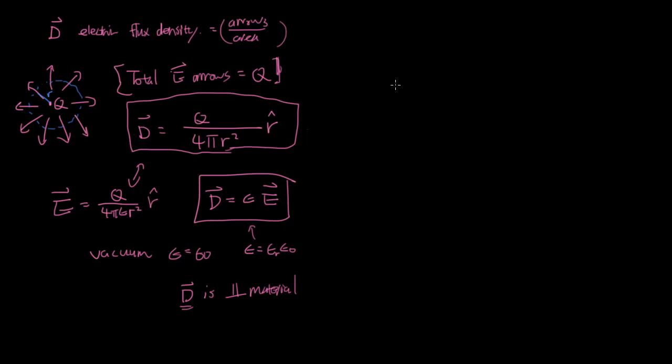Another concept that I'd like to get across is, let's go back to the fact that the force that you feel when you're given an E field is the E field times the charge of the observer, right? So you put in this extra charge, and the force that that charge feels is that charge times the E field. So let's just stick this expression in. It's going to be equal to q times D divided by epsilon.